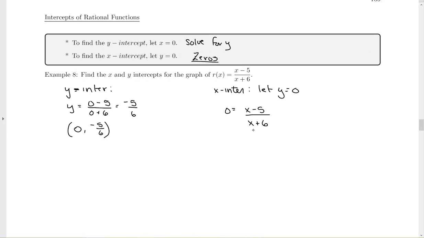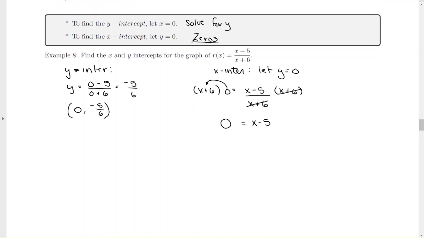It's a problem that has a fraction in it. I'm going to clear fractions. Multiply both sides by that denominator so that it cancels out on the right. But 0 times anything is going to result in a 0. And then solve for x. So add 5 to both sides. And our x-intercept then would be at 5, 0.